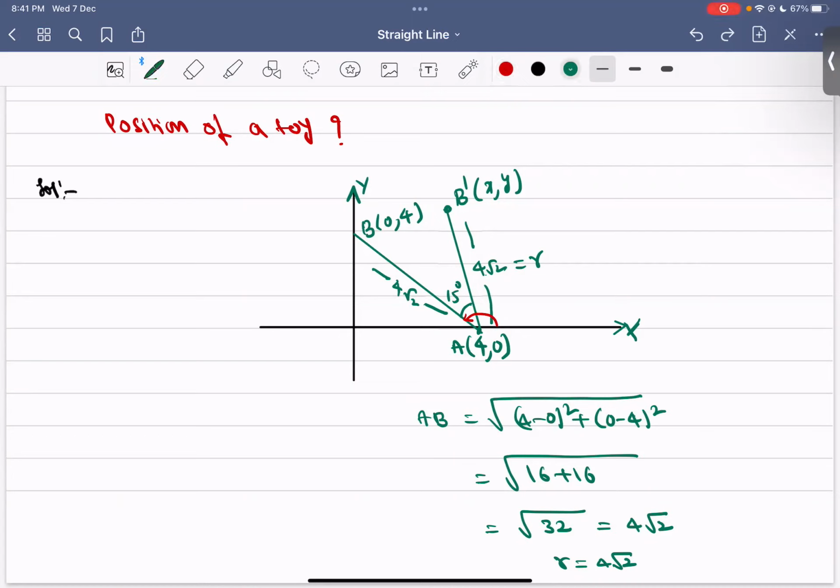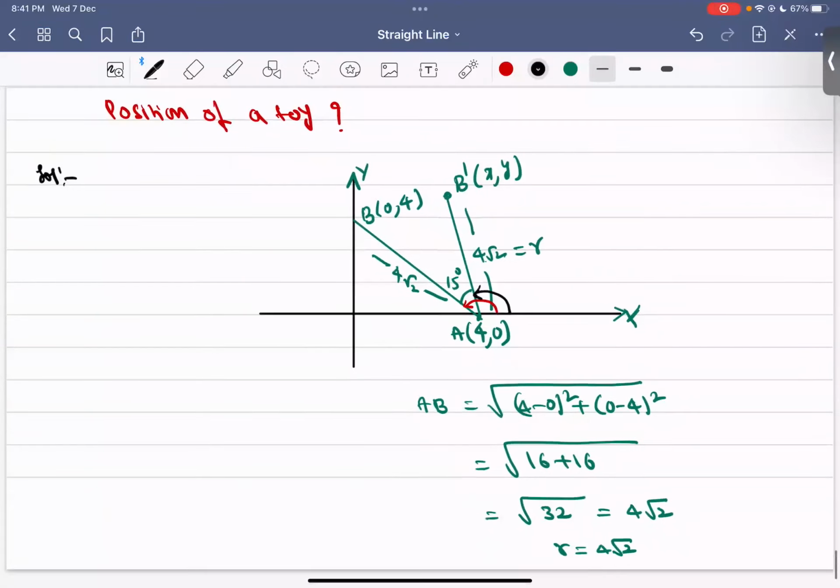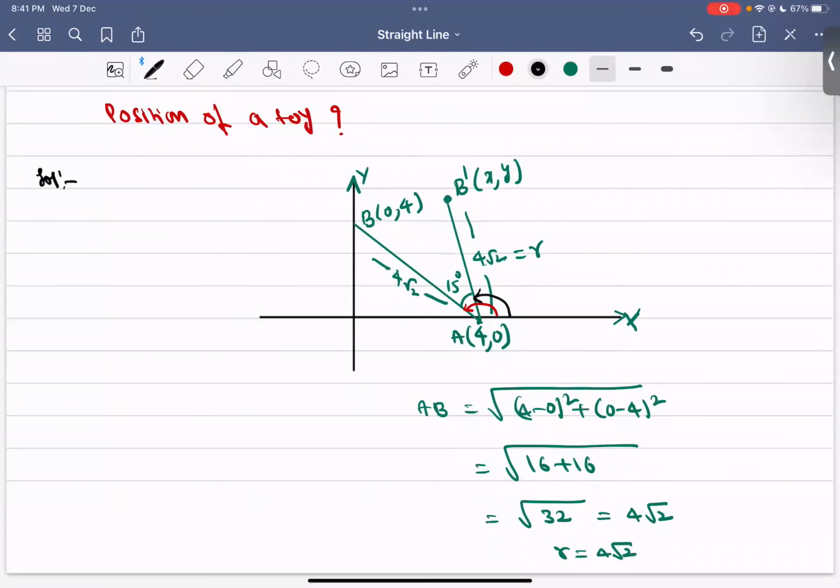The initial line slope is (y2 minus y1) by (x2 minus x1). Therefore, first I calculate the slope of AB. m_AB is (y2 minus y1) by (x2 minus x1), that is (4 minus 0) by (0 minus 4), which is equal to minus 1.